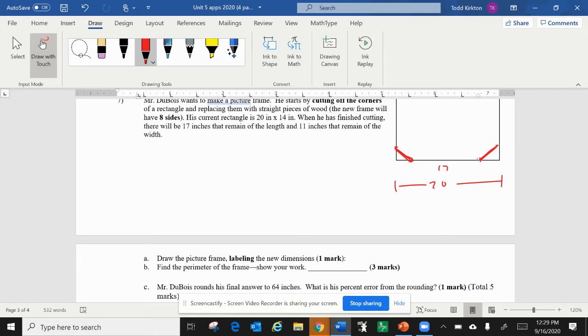And so if each of these was a 1.5, then that hypotenuse there is 1.5 squared plus 1.5 squared. So 2.25 plus 2.25, and then take the square root. 2.12.